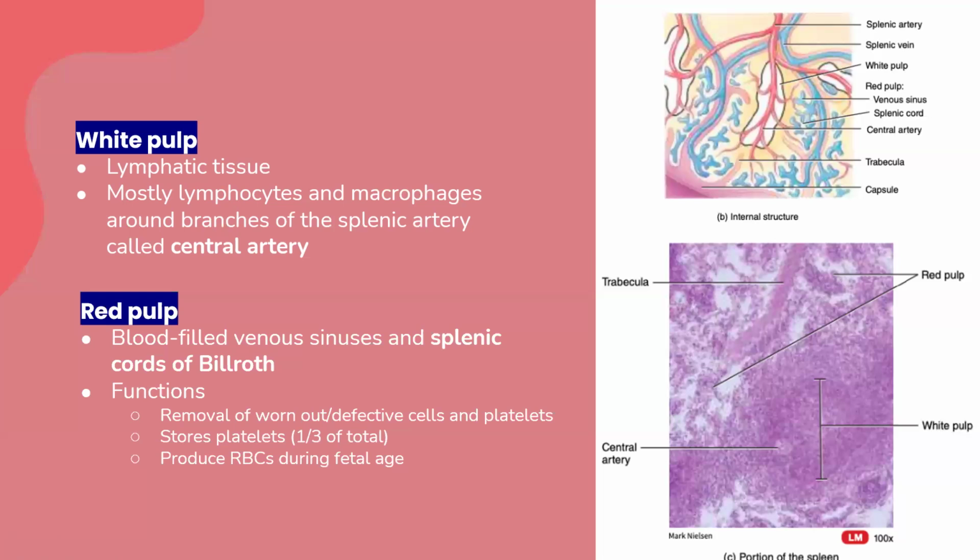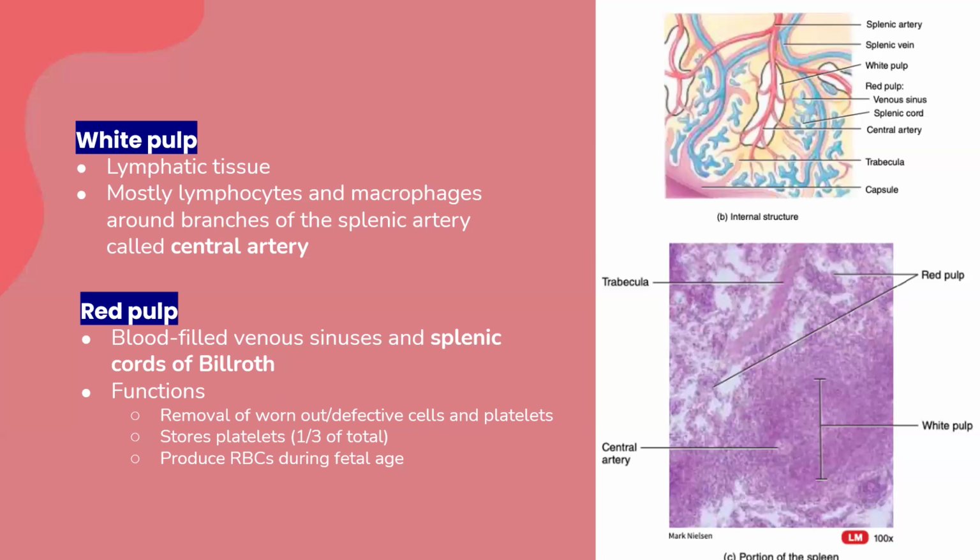If you know from other readings or from before pa, the spleen is also called the graveyard of your red blood cells, specifically because of this. They remove worn out or defective cells and platelets. So this is where your red blood cells go to die, and they are in the red pulp. That's why the red pulp is red because it's blood filled.